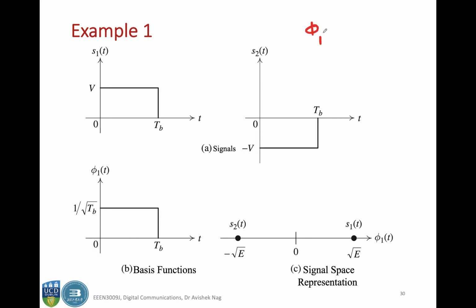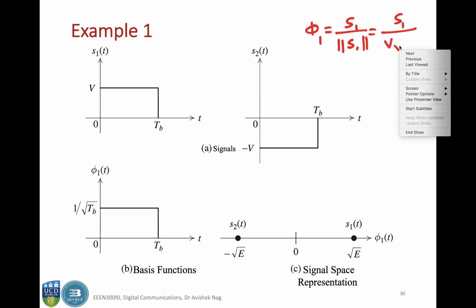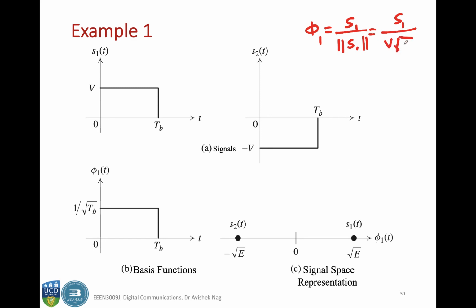Your phi 1 is S1 divided by the norm of S1, which is S1 divided by V root TB, and your phi 2 is 0.